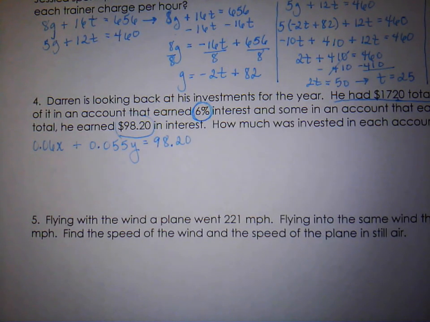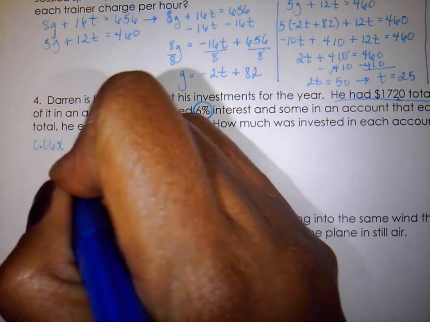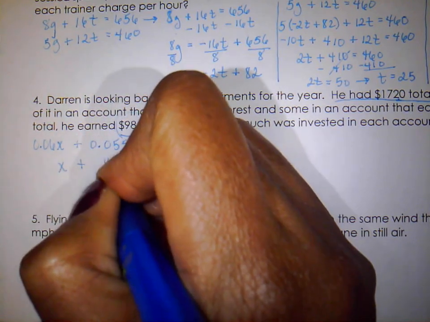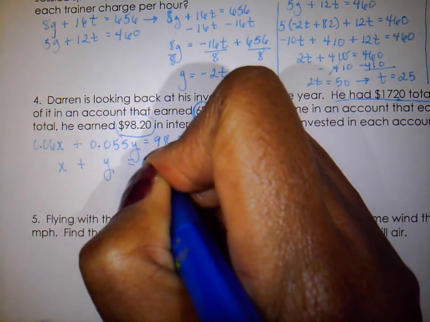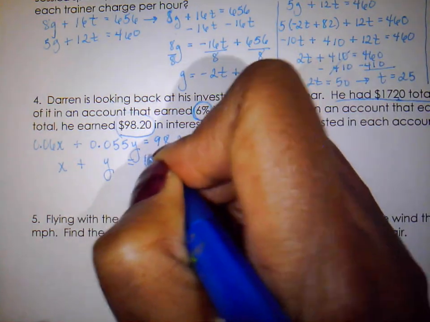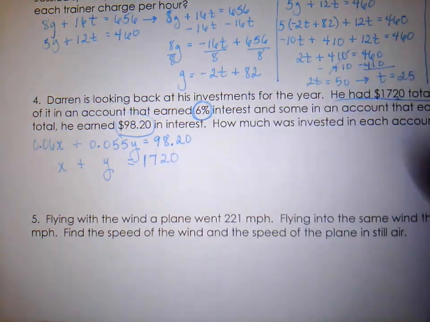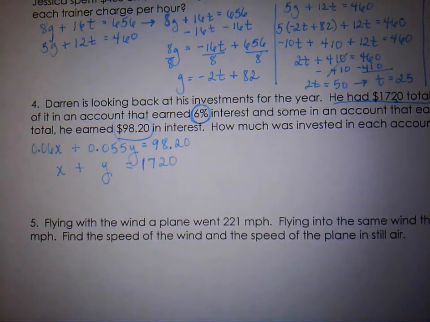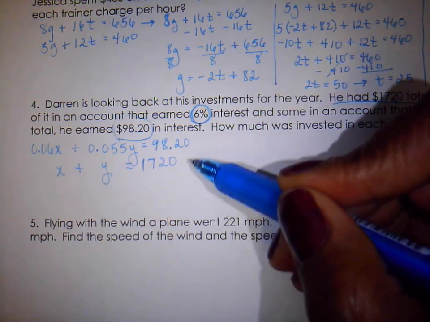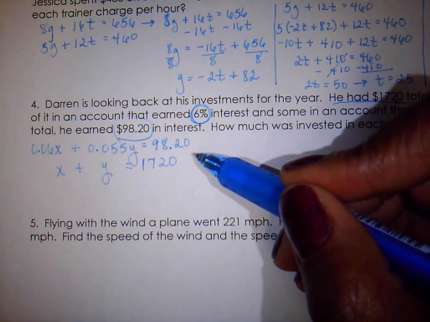So how should I write that? Equals what? Absolutely. Do I have to go on and solve it out? I shouldn't at this point. Those are the two equations to solve your system of equations, okay?